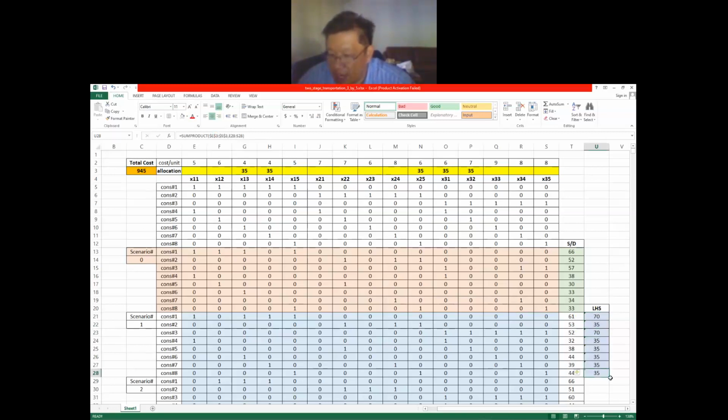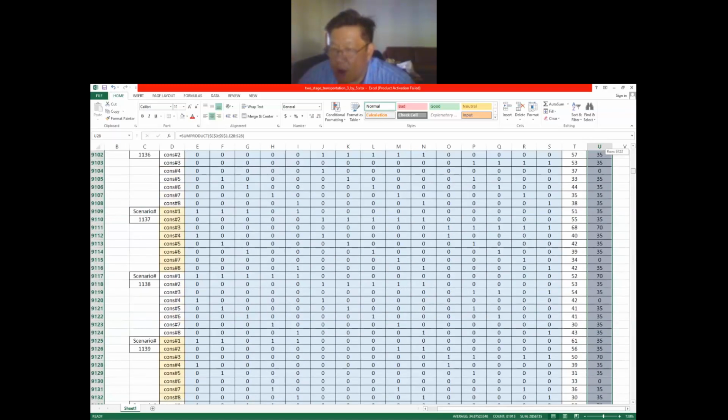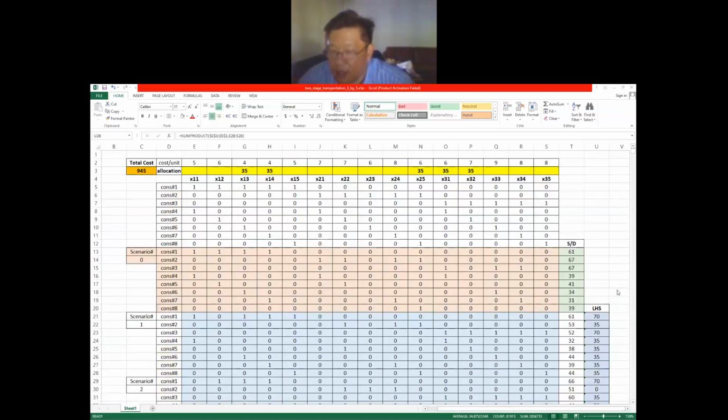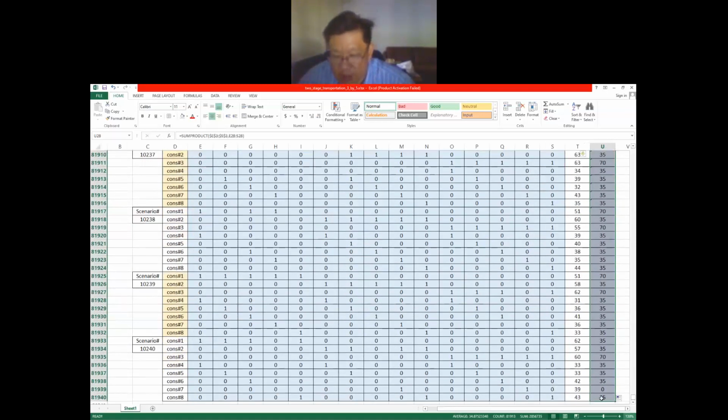And you can see that I can double click and then move it all, check in all possibility. Okay, based on all 10,240 scenarios. So you can see that there's some way that your decision here fails.